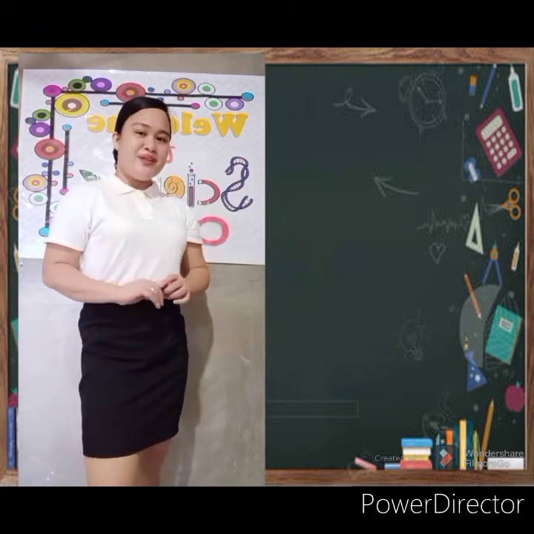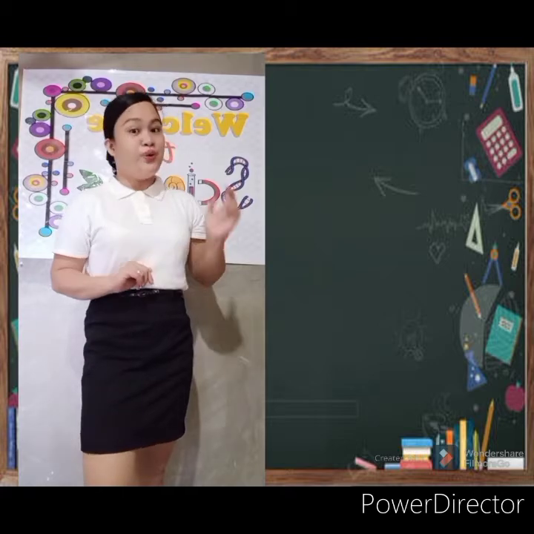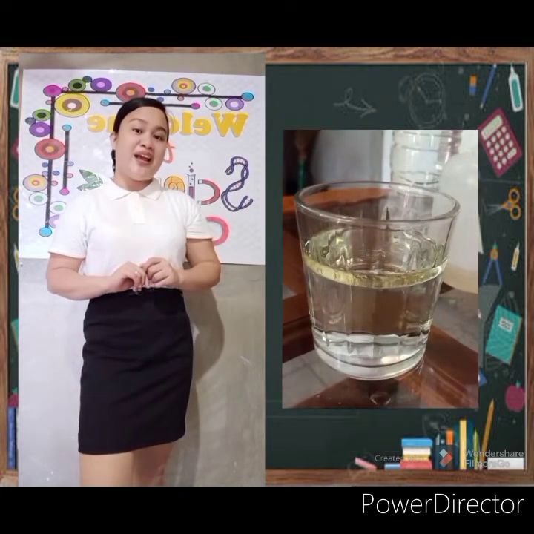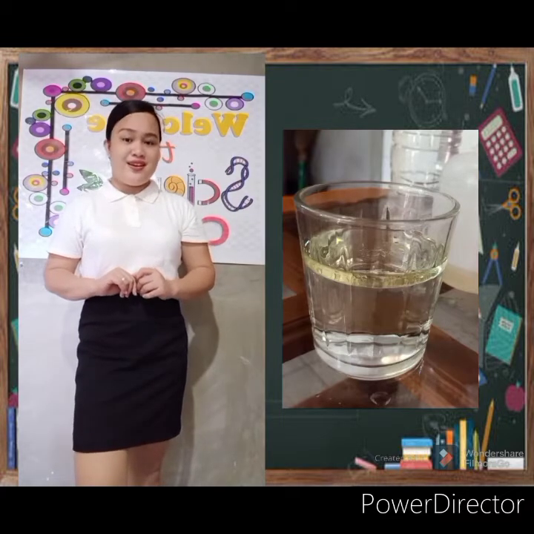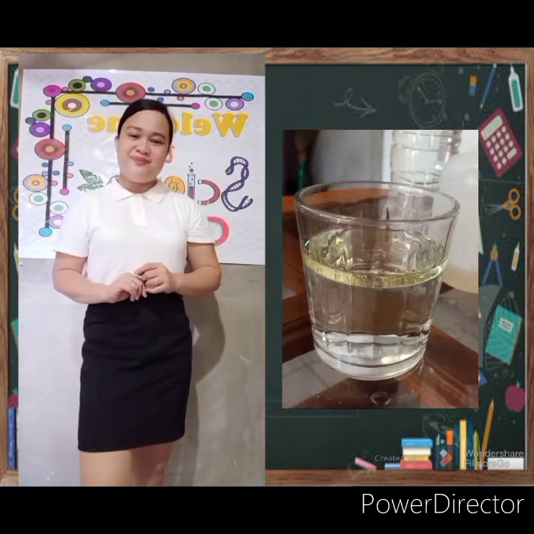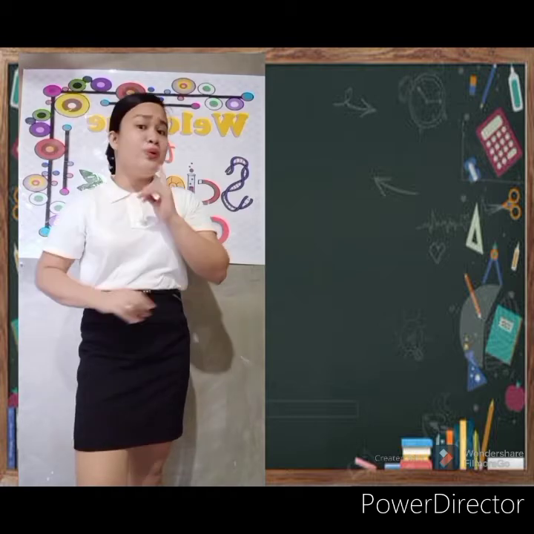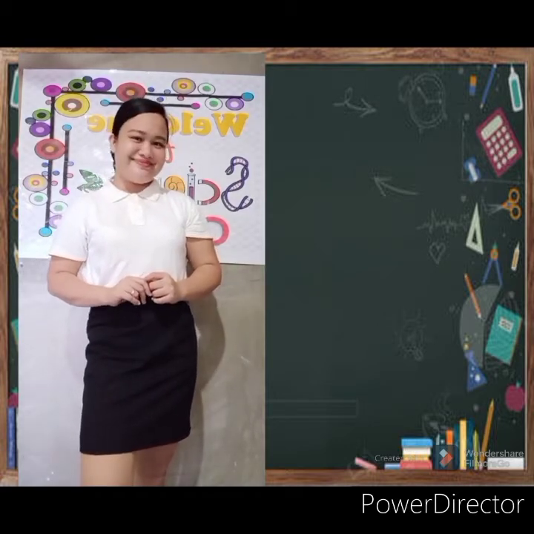Class, you have noticed that in this activity, when we added oil to the water, it did not mix together. Instead, the oil created a layer on top of the surface of the water. It is because oil is less dense than water. But what do you think is the perfect method that we will be using in order to separate this kind of mixture?